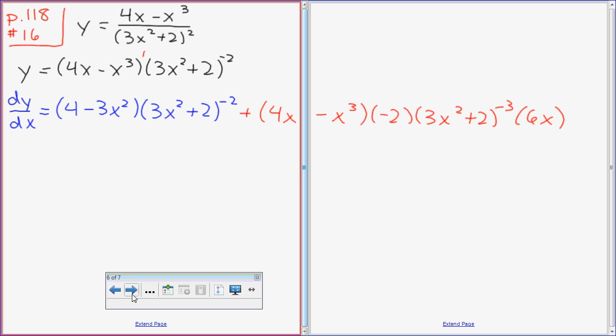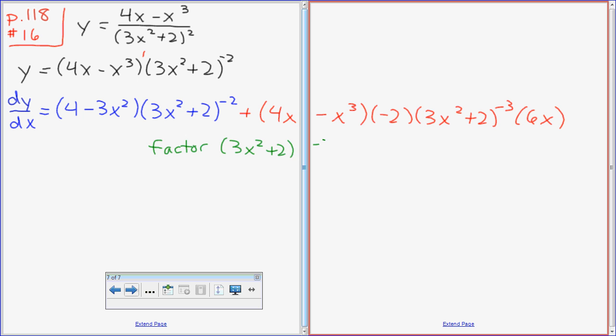So I'm going to factor out, now hold on a sec, just wait, all of that to the negative 3. The reason I want to do this, for those people rubbing their face here, is I want to get rid of all the fractions.